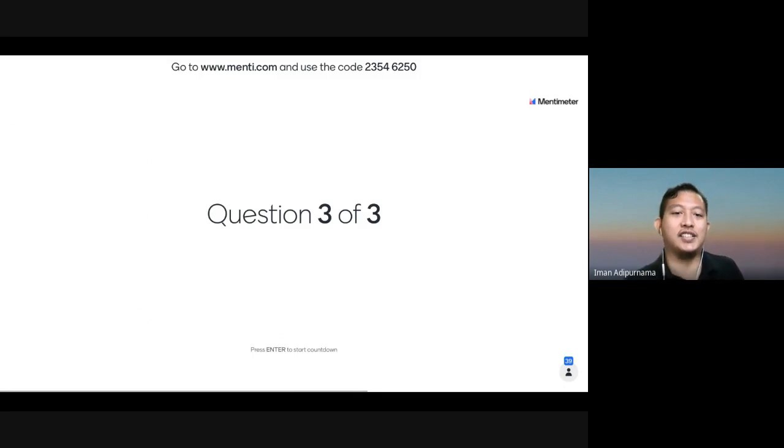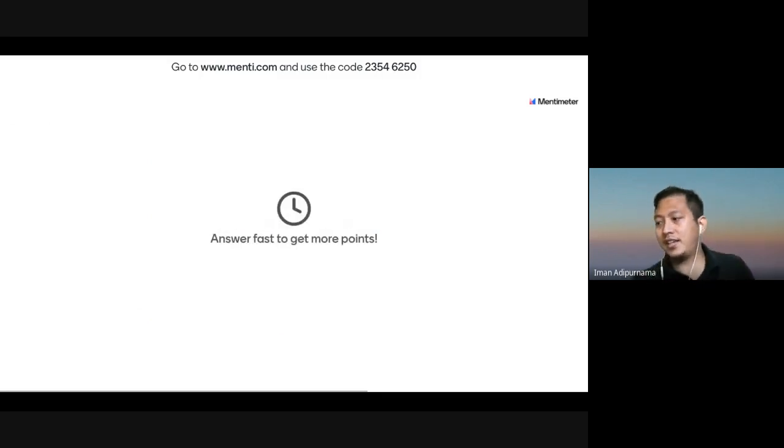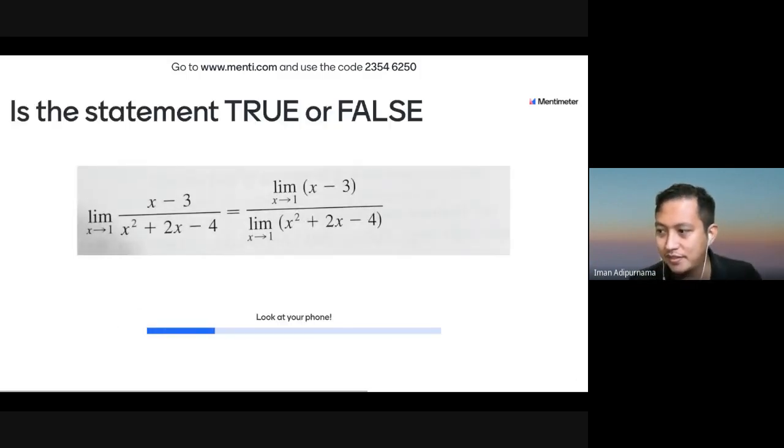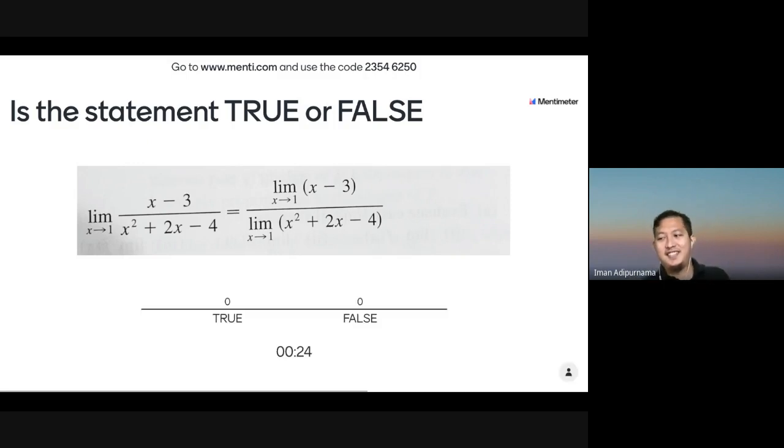Question three. There are three questions. Get ready. Three, two, one. Let's move on. Is this true or false? No, the countdown is faster than before.